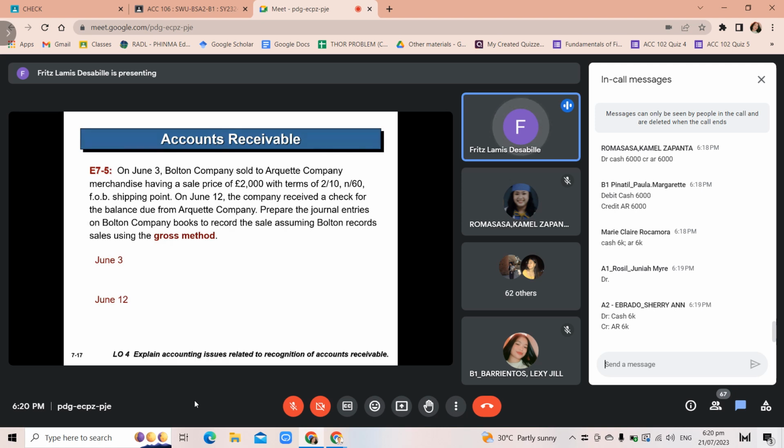Okay. So another thing, guys, for real estate installment, what I've said earlier is if it is trade, even though it's collectible beyond 1 year, it will still be regarded as current.